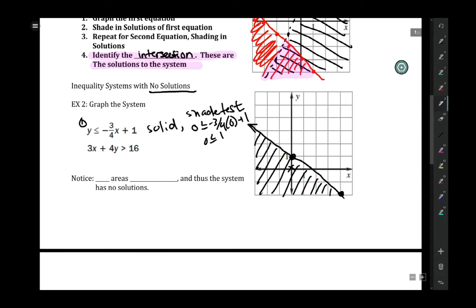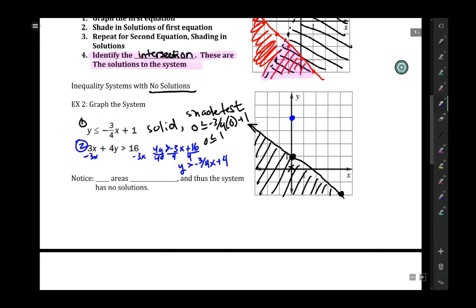There's graph 1. Graph 2, 3x plus 4y is greater than negative 16. For this one here, if you solve for y, 4y is greater than negative 3x minus 16. Okay, divide by 4. You have y is greater than negative 3/4 x minus 4. So now we are going down 4.